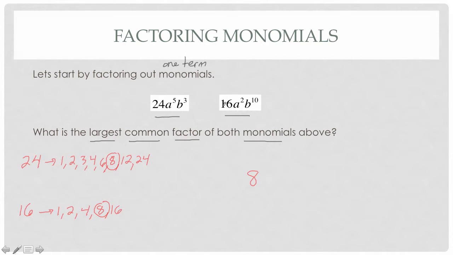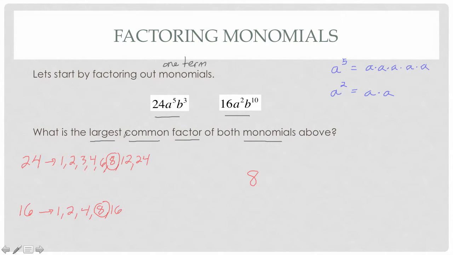But it's algebra, right? I got some variables to deal with as well. So how do I find common variables? Well, let's start with a to the 5th. So I've got a to the 5th in one, and I've got a squared in the other. Well, remember, our exponents just mean how many we have multiplied, right? So a squared just means a times a, and a to the 5th means a times a, 5 times.